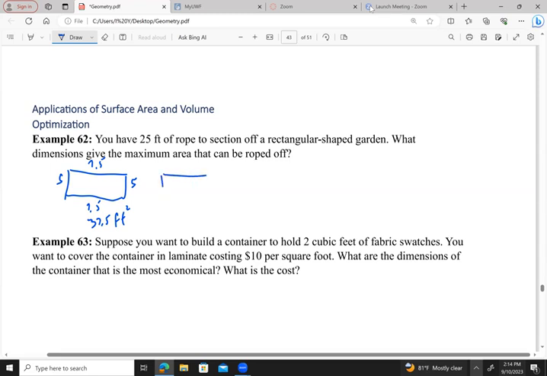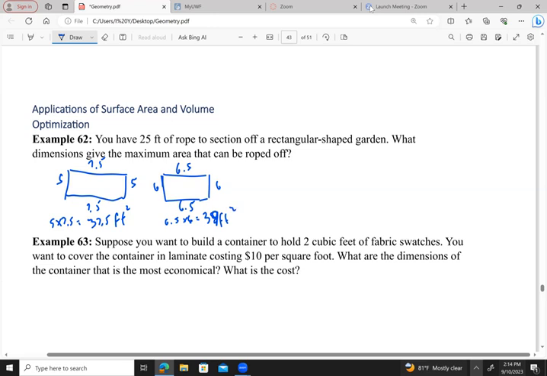Look at another possibility. We go 6, 6, 6.5, 6.5. So we're looking at 6.5 times 6, which is what, 38? Let me double check that. 6.5 times 6, 39. This was 5 times 7.5.